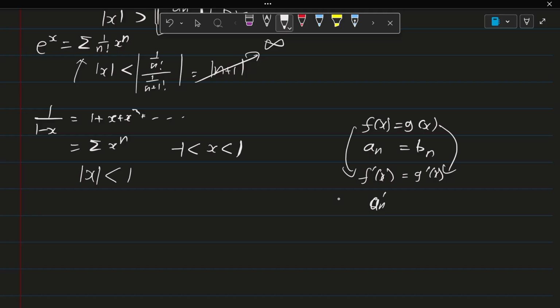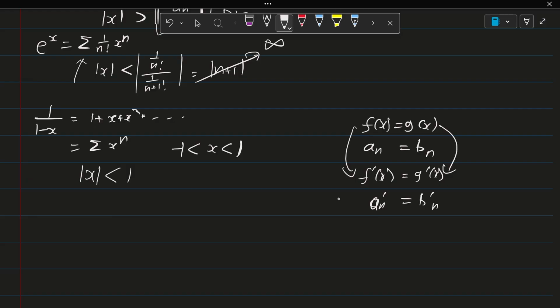So a prime n and b prime n should have the same series again. And the same thing for the integral, even though there's a constant that's differing, the power series must always be the same.